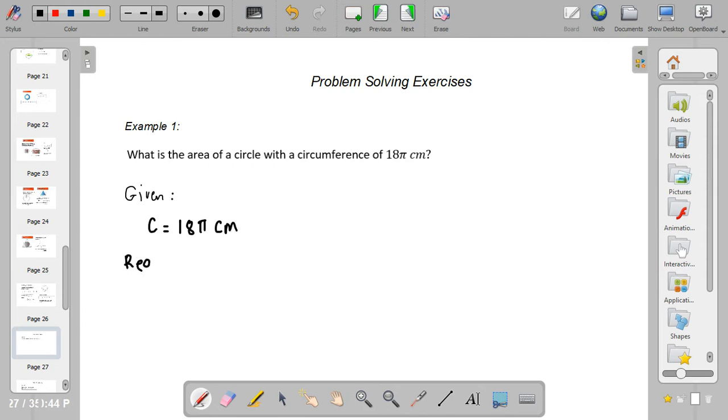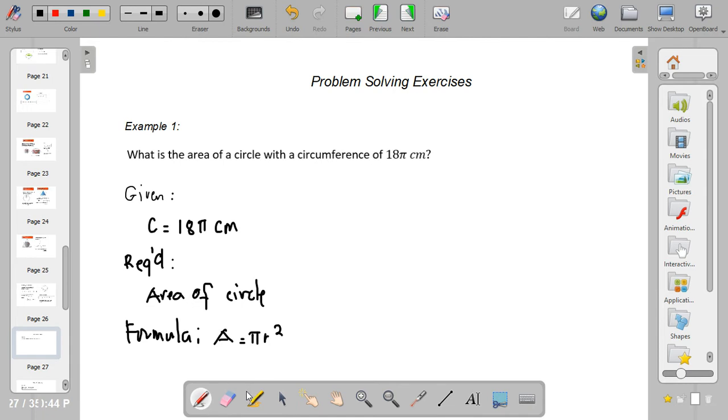Sorry, I first said 2 pi r, but no, it's 18. So the required is we need the area of a circle. So what is our formula here? So the formula that we are going to use is A equals pi r squared.